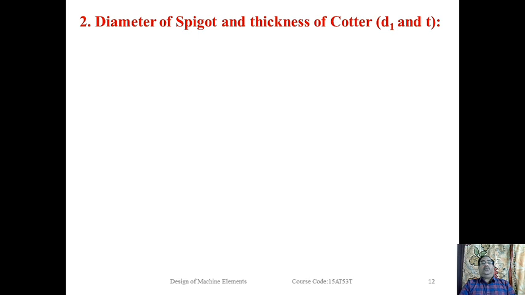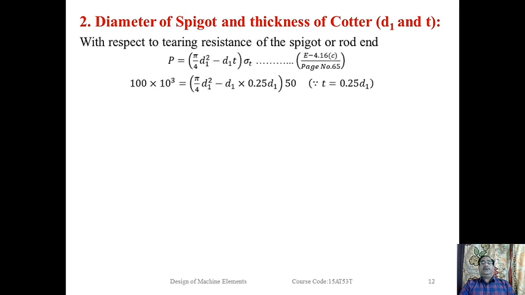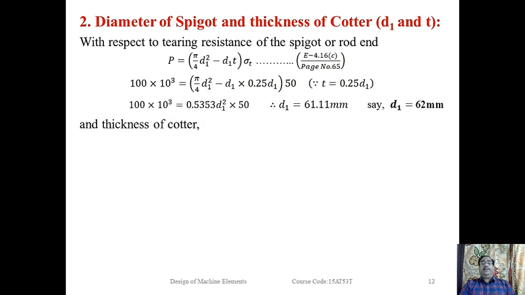Similarly, number 2, diameter of spigot and thickness of quarter, that is the values of d1 and t. So here the value of d1 is 62 mm and thickness of quarter, small t, is equal to 16 mm.